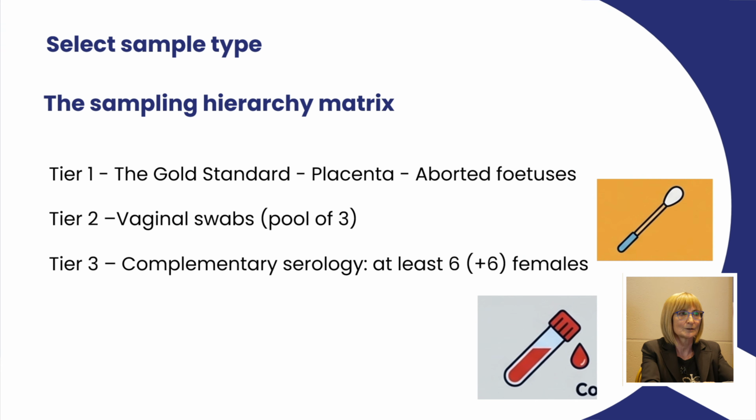In the lack of this kind of samples, which can be difficult to find, especially in extensive farms, we can consider vaginal swabs. And in the event of many abortions, we can also consider a pool of 3 samples of vaginal swabs.